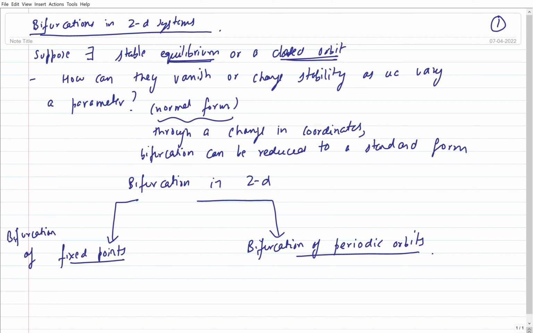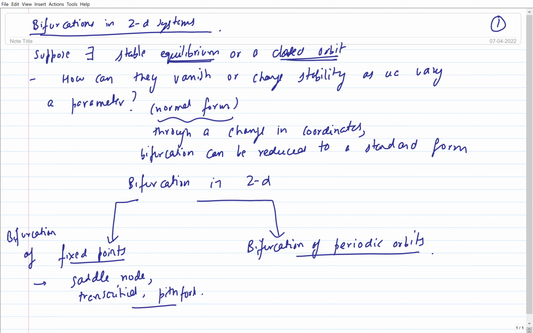So that's the idea. You remember over here in 1D we had the saddle node bifurcation, transcritical bifurcation, pitchfork bifurcation, and so on and so forth.